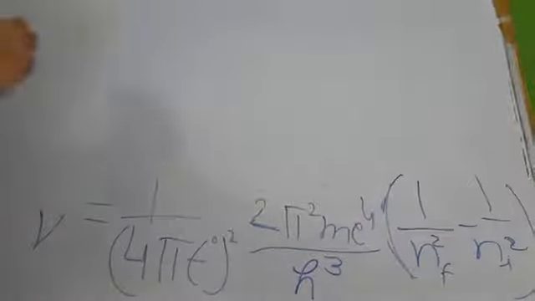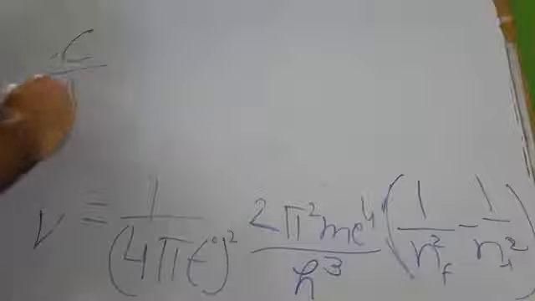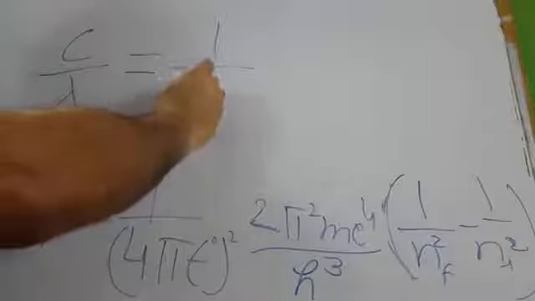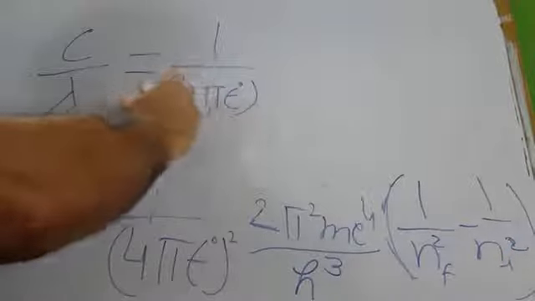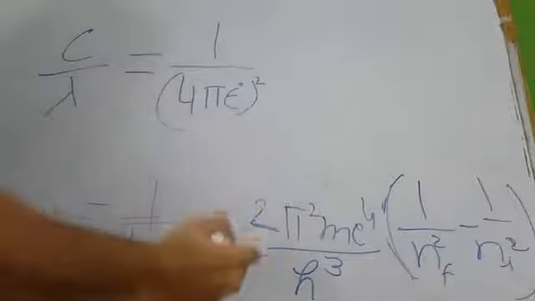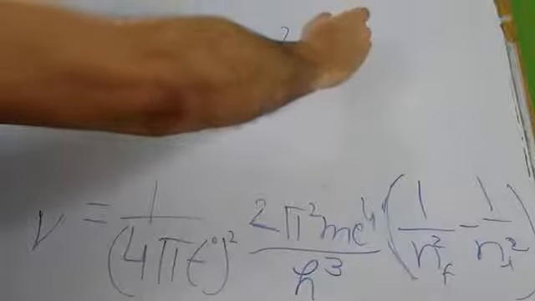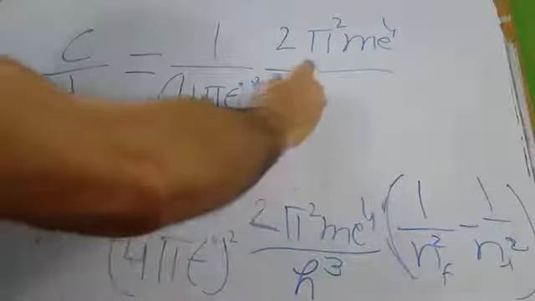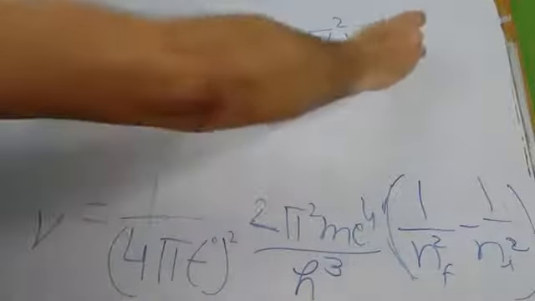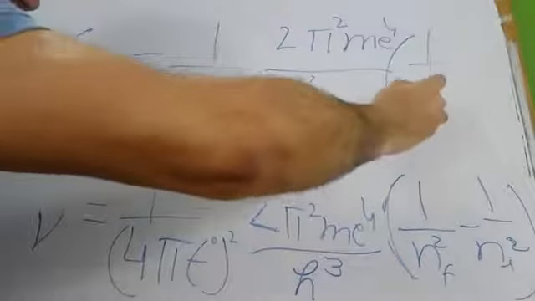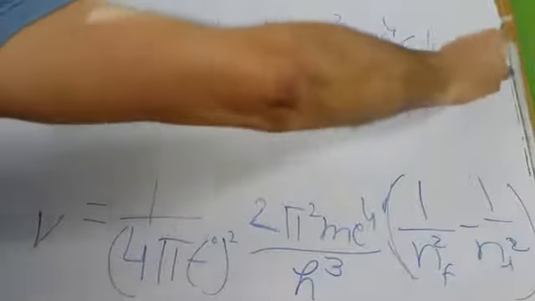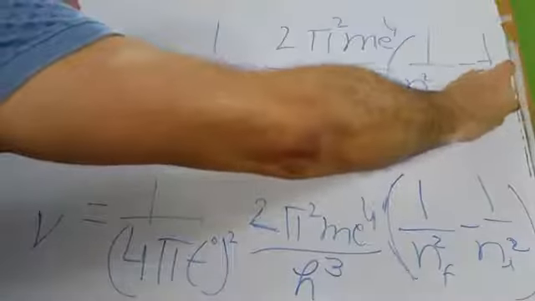Therefore the equation comes out to be c upon lambda is equal to 1 upon 4 pi epsilon 0 whole square, 2 pi square m e to the power 4 upon h cube, into 1 upon n final square minus 1 upon n initial square.